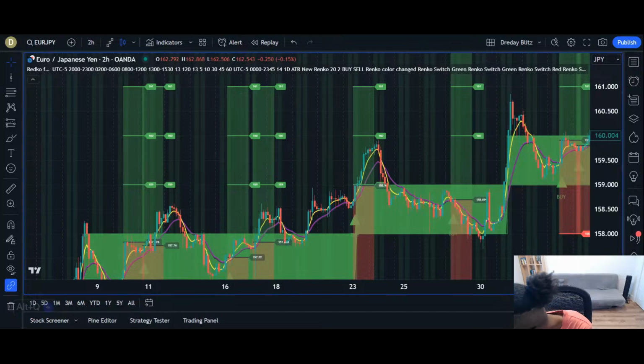If you're trading against the trend, you're not going to be profitable at all. So let's say the euro and the yen are moving the most for the week. Open up all of the pairs that are against those currencies, and you trade based off of the indicators and the movement with the Renkos.